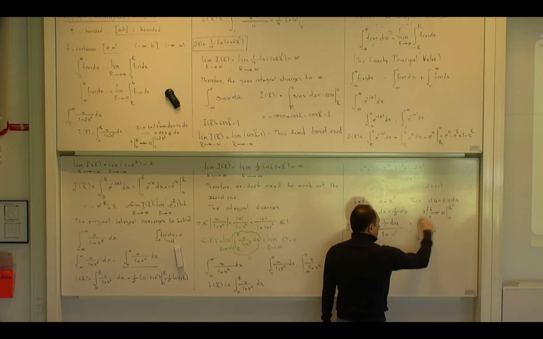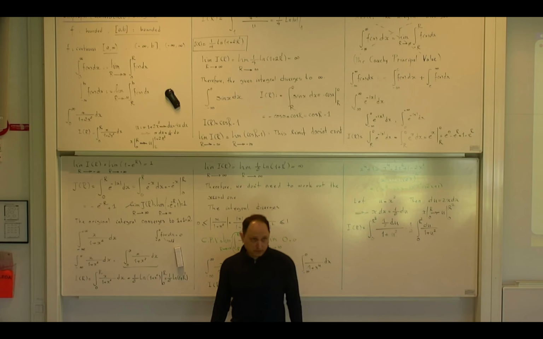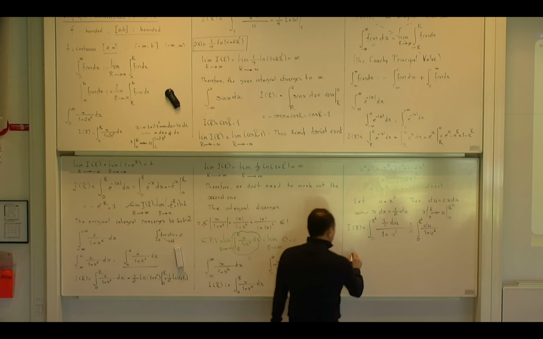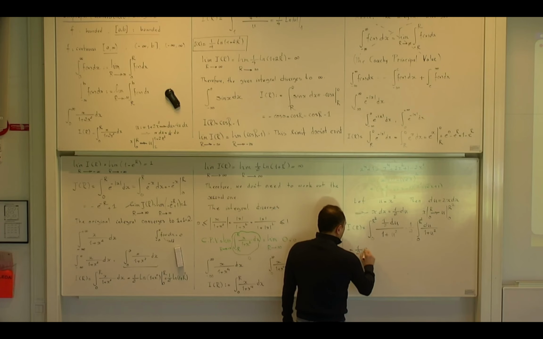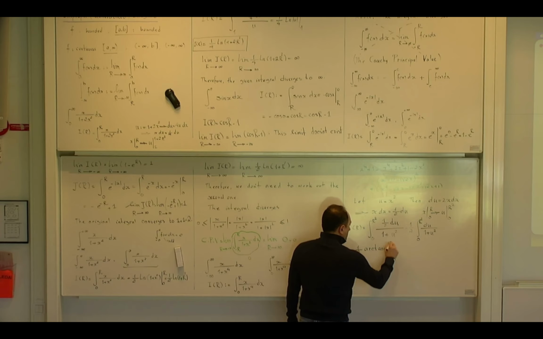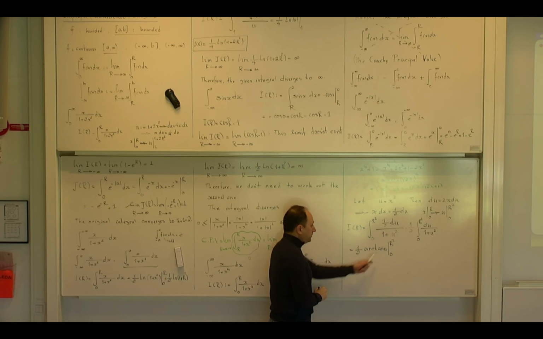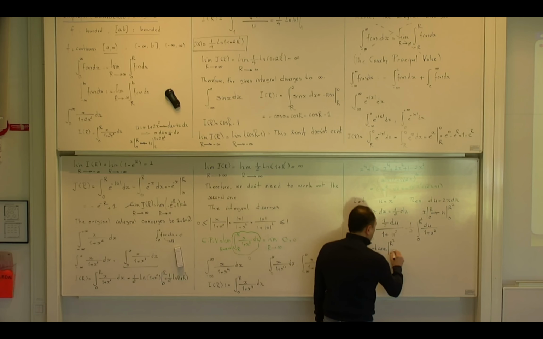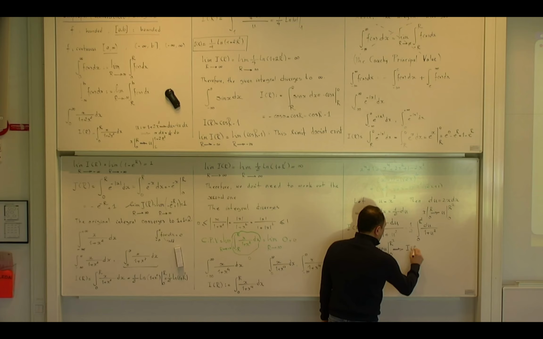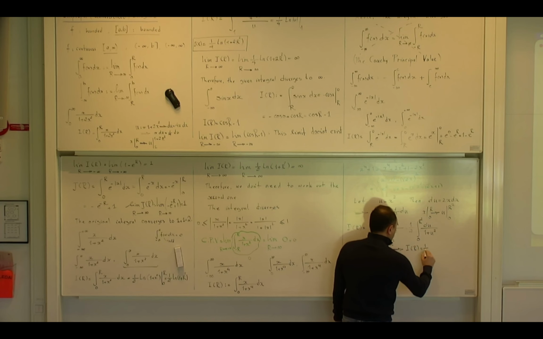So what is the answer to this integral? Arctangent. So this becomes 1 over 2 arctangent of u, but I have to run it from 0 to r squared. I replace u with r squared, and I replace u with 0, but arctangent of 0 is 0. So simply I of r becomes equal to 1 over 2 arctangent of r squared.